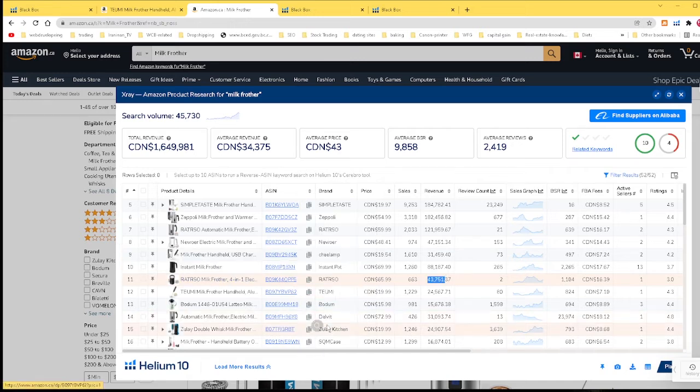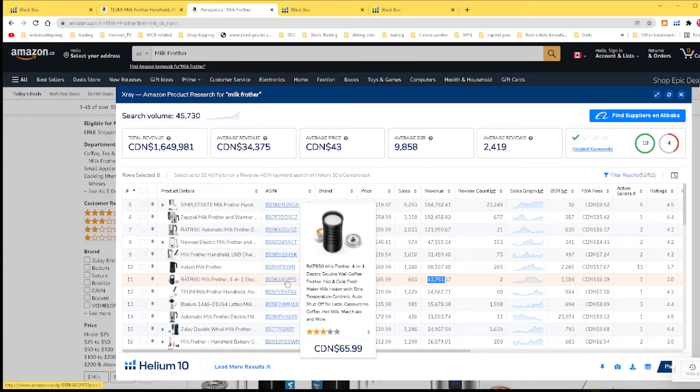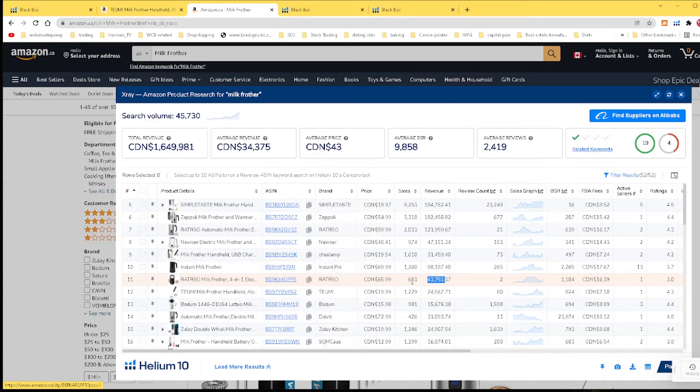But remember, this is a high-ticket product. To make that much money at $65 a price, it's not really hard when you have 663 sales, because the product is expensive. That's why they're making so much money, because the products are all over, 50 to 60,000, 59,000, 54,000 dollars. So $19.99 is the lowest one, and $15.98.